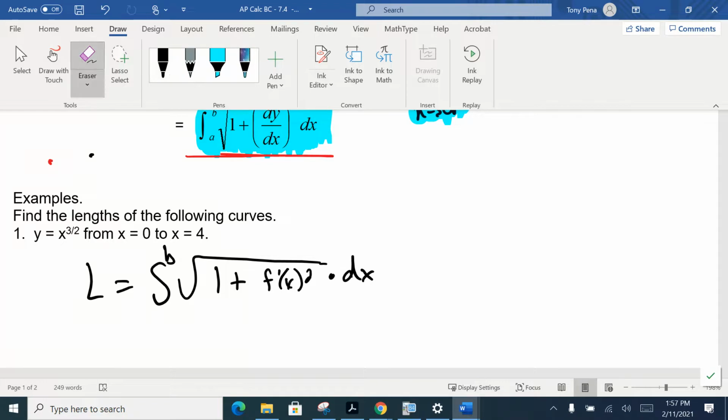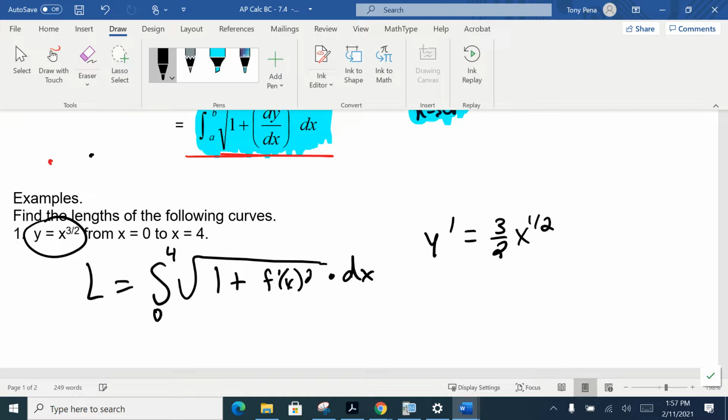I tell you what they are. They're going to be 0 to 4. As long as we know the derivative formula, we just plug that in. So let's take our equation here. Our derivative should be 3 halves, and then subtract 1 from that power to the 1/2. So then we replace the derivative with 3 halves and then root x.